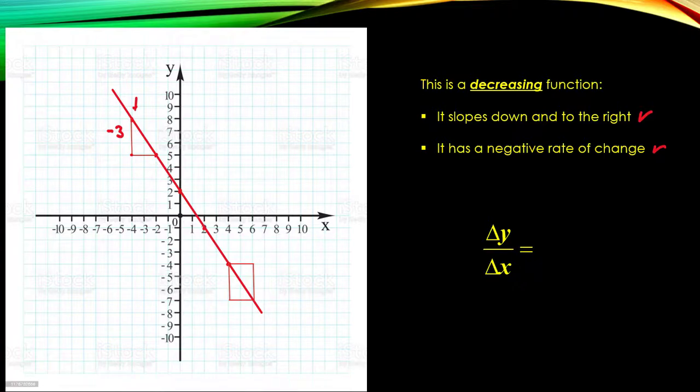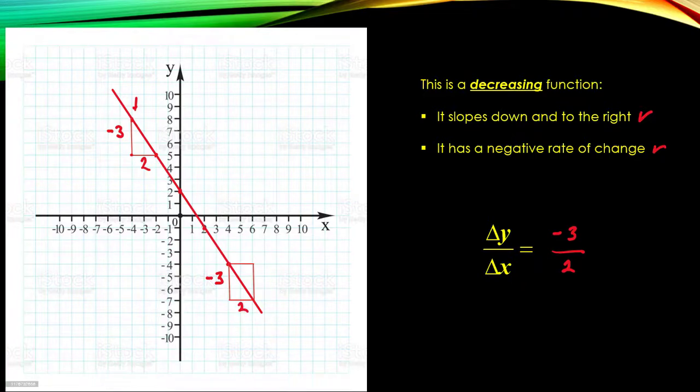That's an increase of positive 2. And then we just ratio the delta y, which is negative 3, and divide that by the change in x. That's going to be positive 2. We can do the same thing down here at the bottom of the graph. This is going to be negative 3 over 2.